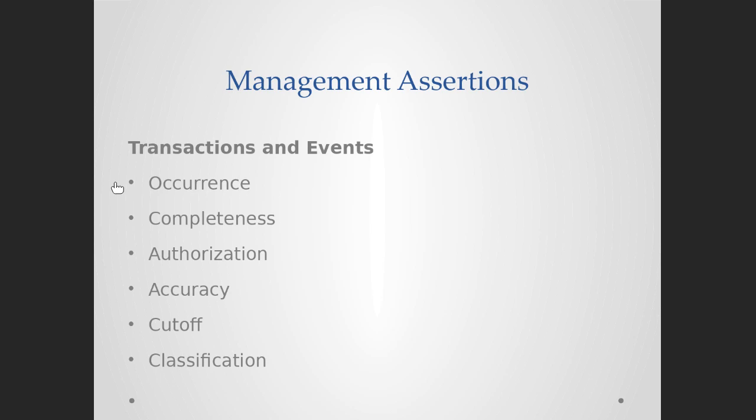Now, occurrence. What is occurrence? The client says everything that we recorded happened. So if you go to the client's journal and you find a debit to cash and credit to sales, this is what they have recorded.